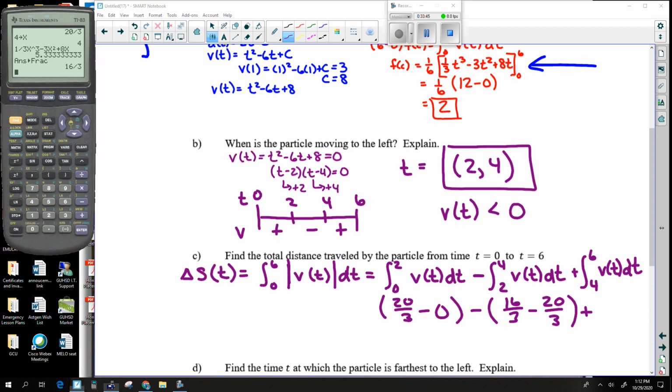And then the evaluation at 6 is 12 minus the evaluation at 4, which was 16/3.